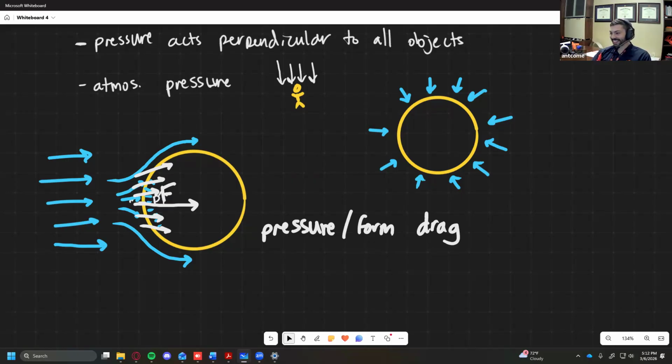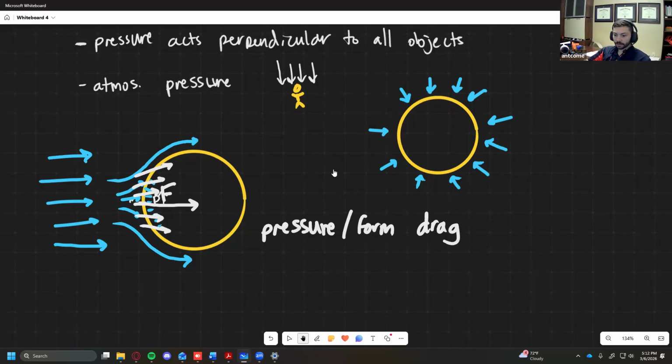Skinny breadstick. I like it. Yes, an Olive Garden breadstick would be a little bit more aerodynamic than this ball. If we were to squeeze this ball down into more of an oval, I hope you can all agree that would be less form drag because there's less air smacking into this face.